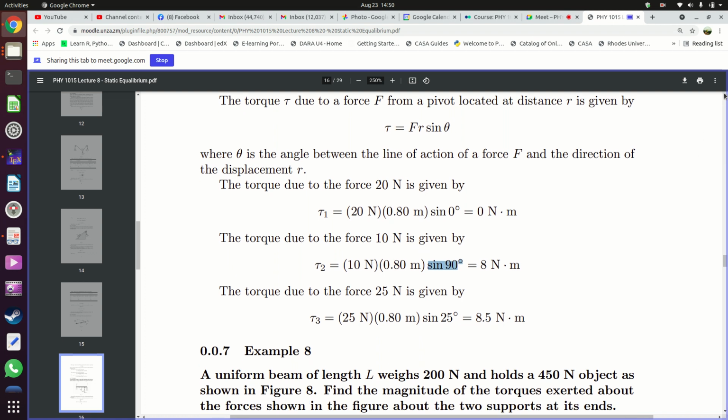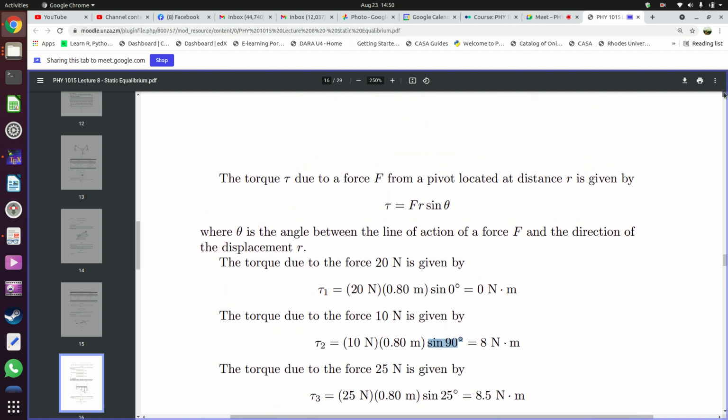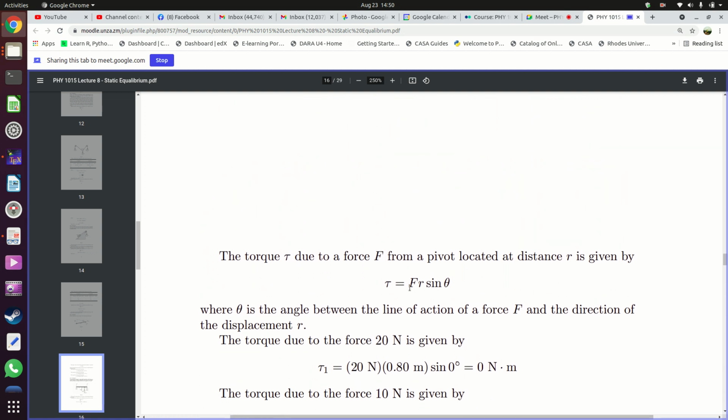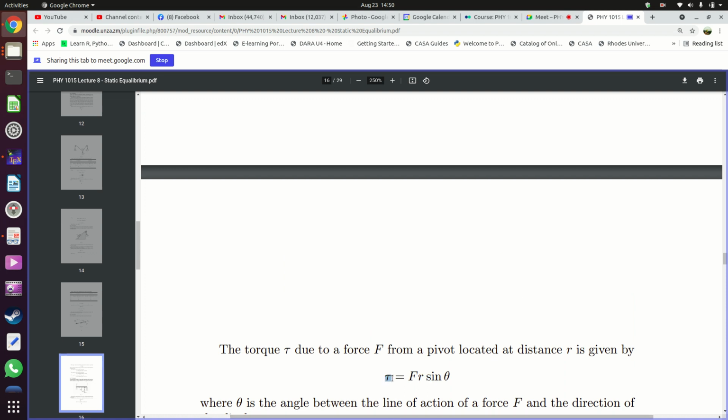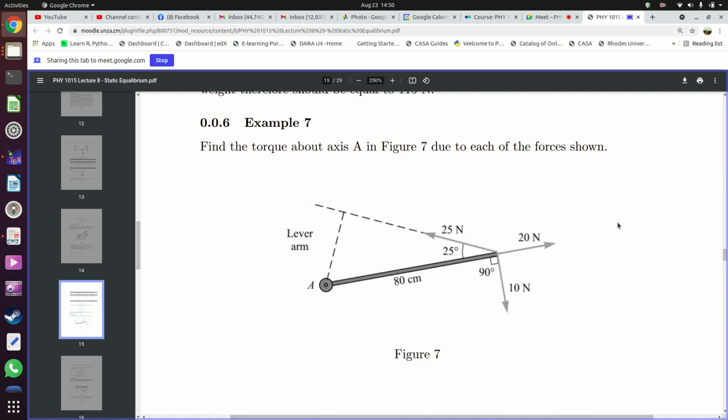Is there any question on how you work out torque? F is the force you're applying. R is the distance from the pivot. So torque is equal to F R sin theta. In this particular case, F is the force you're applying, whether it's 10 newtons, 20 newtons, or 25 newtons. R is the distance from the pivot, or the axis of rotation, to the point of application of the force.